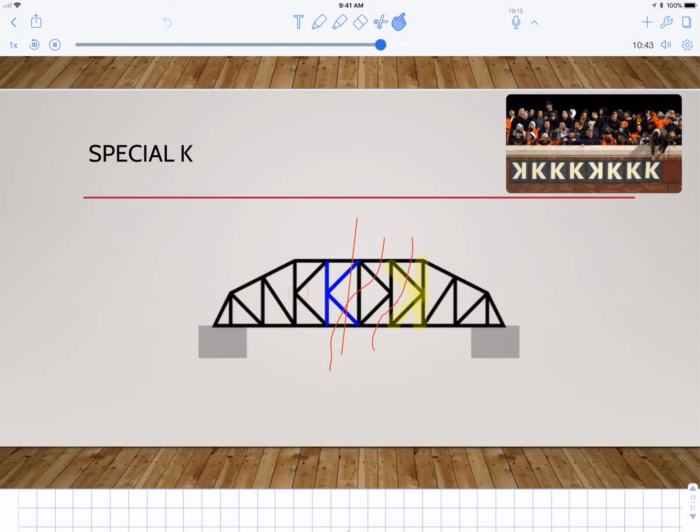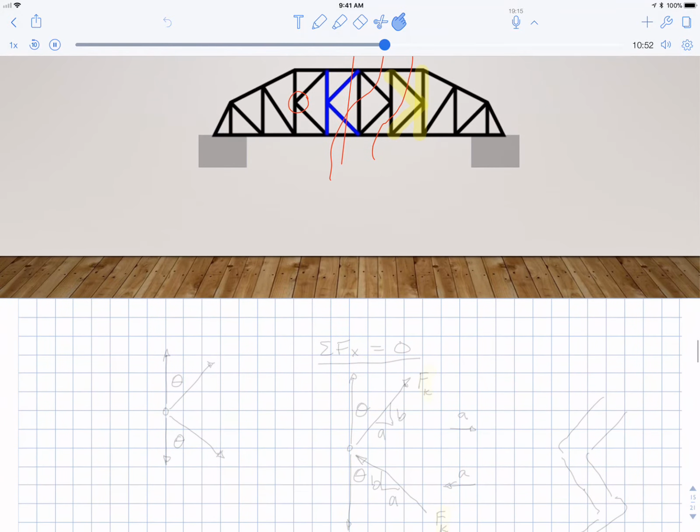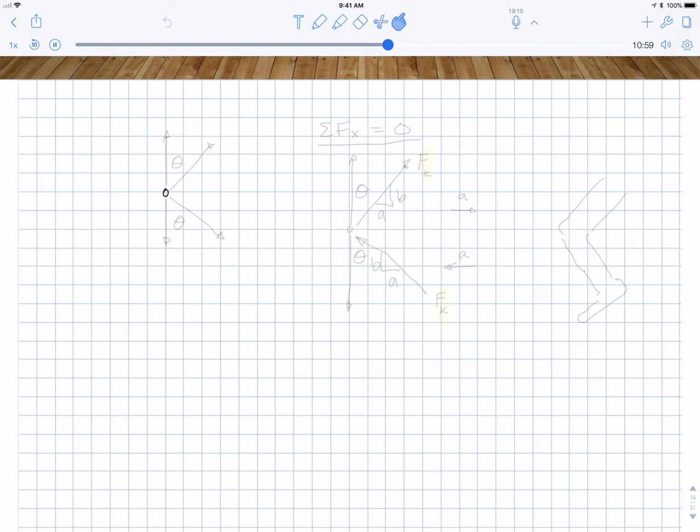The key to solving K trusses by the method of sections is first using the method of joints and looking at the knee of the K, where the 2 legs come in. Here's the free body diagram of that joint in the K truss.